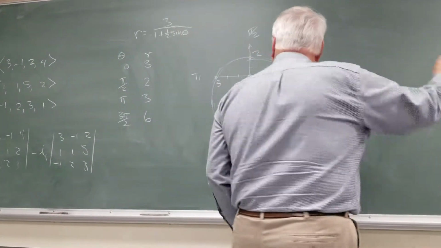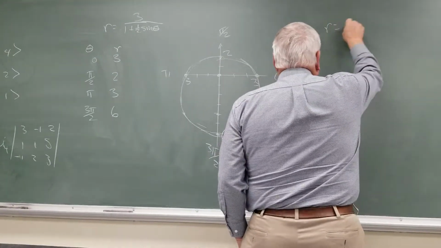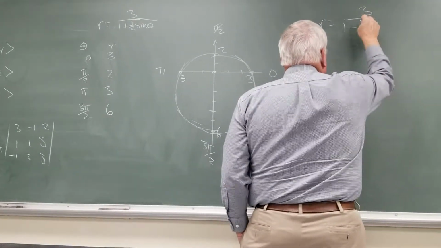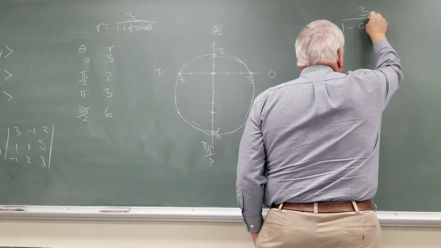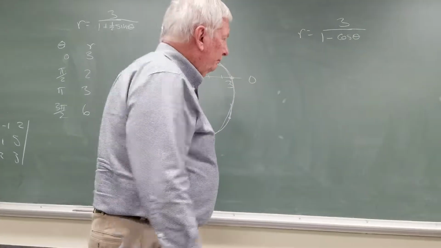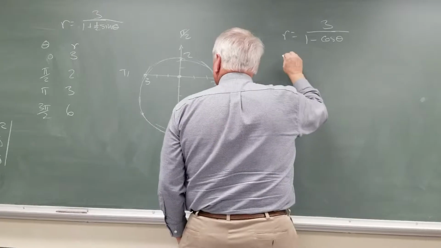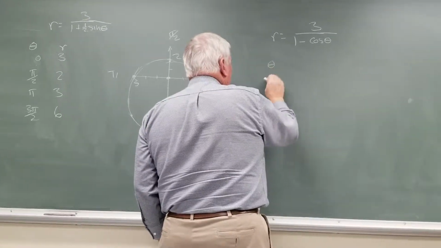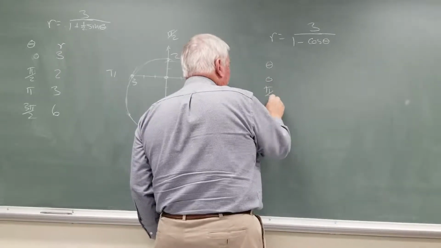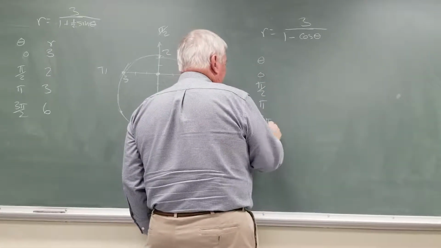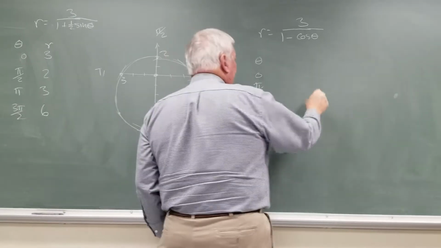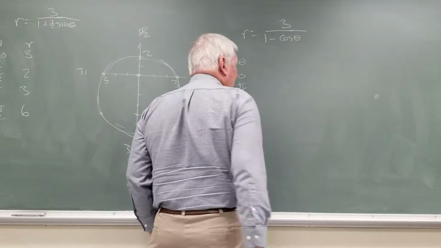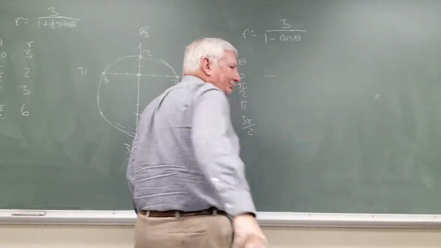Let's look at a parabola. R equals, let's keep the 3 there just because, 3 over 1 minus 1 times the cosine of theta. Again, in the cardinal directions, 0, pi over 2, pi, 3 pi over 2. When theta is 0, cosine is 1, 1 minus 1 is 0, 3 divided by 0 is really big.